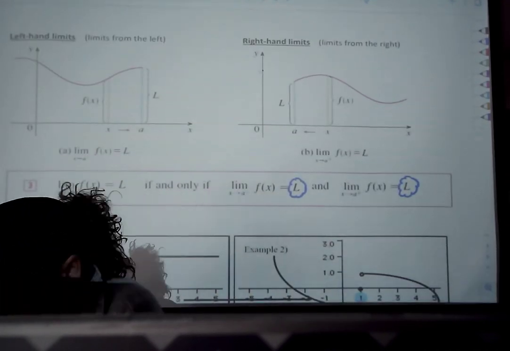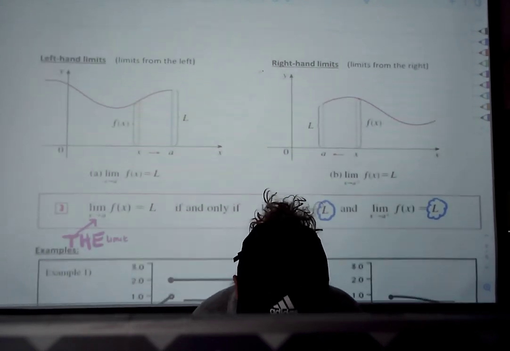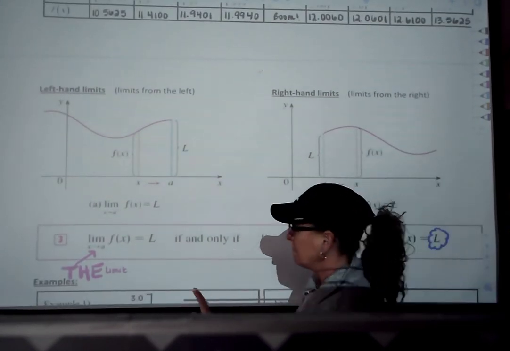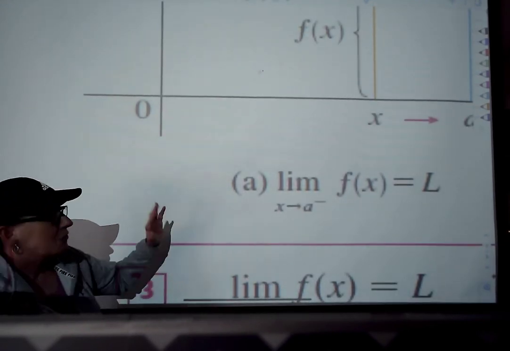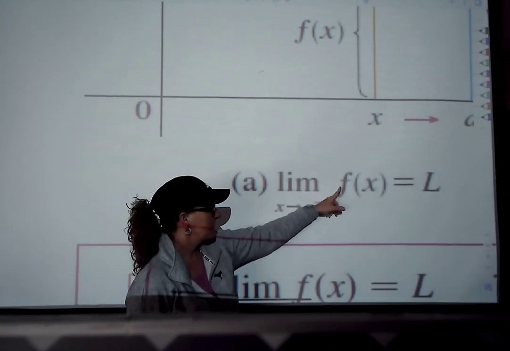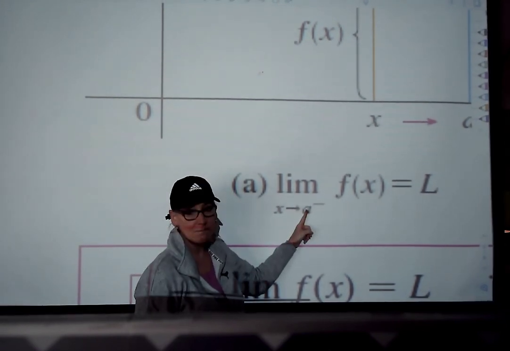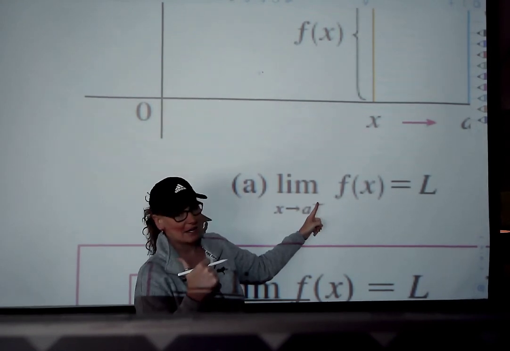Okay, now, before we get into actual problems with a graph, I just want to get a little more specific with limits. So, I'm going to zoom in on this. You've already seen this notation before. This is going to be a little bit different. This is going to say the limit of f as x approaches a from the negative side, right?